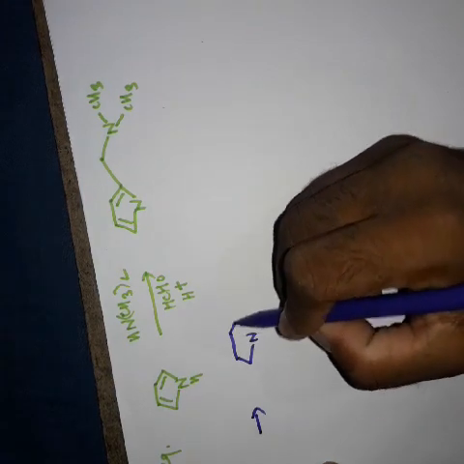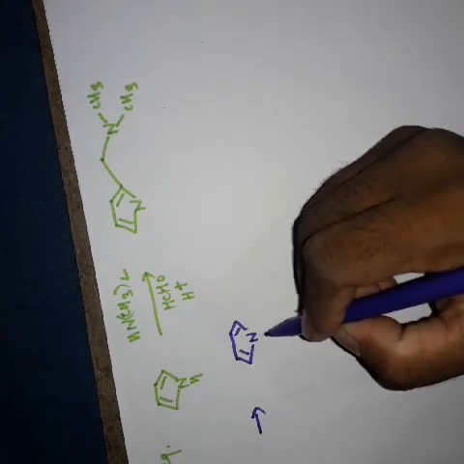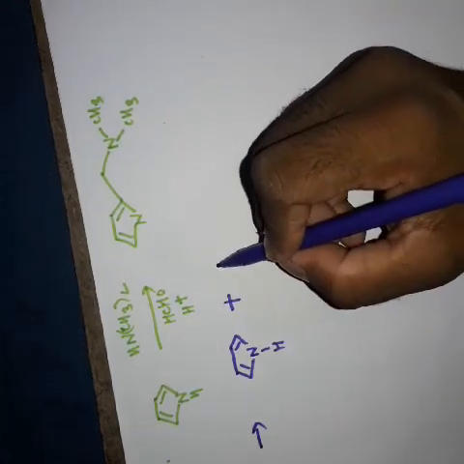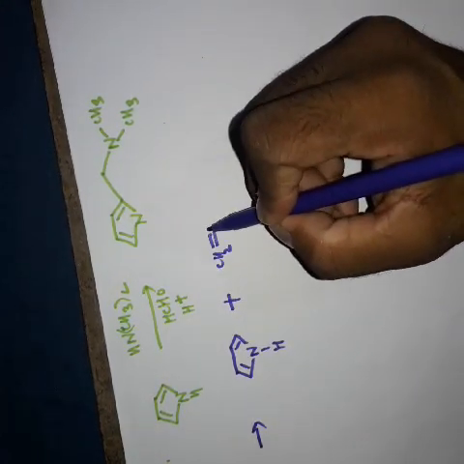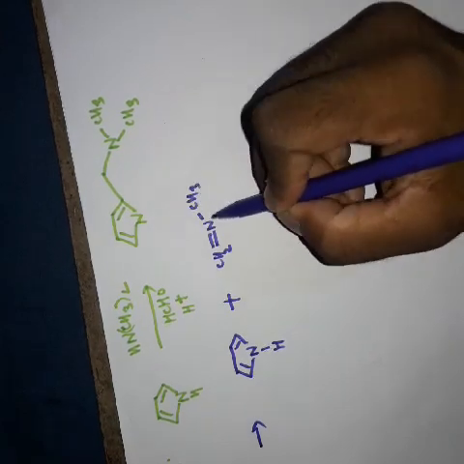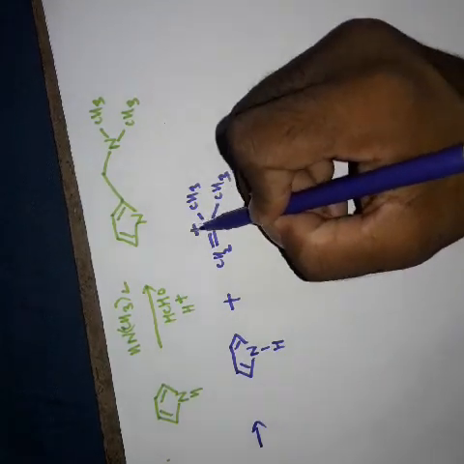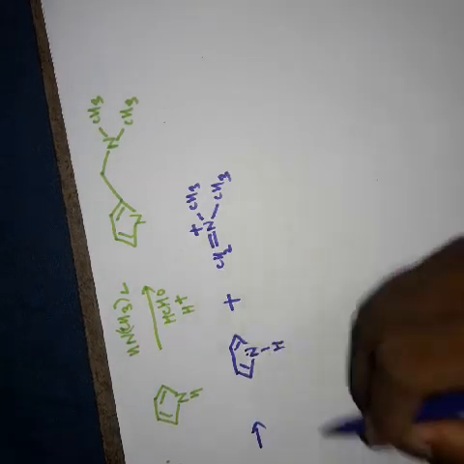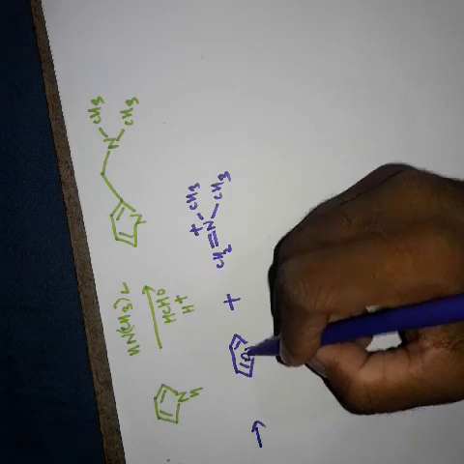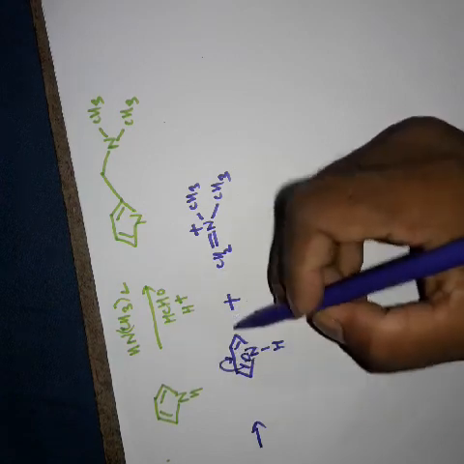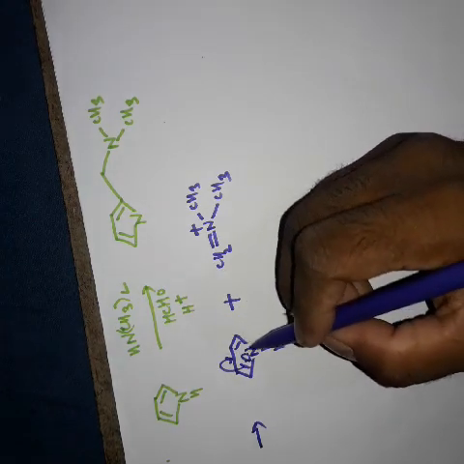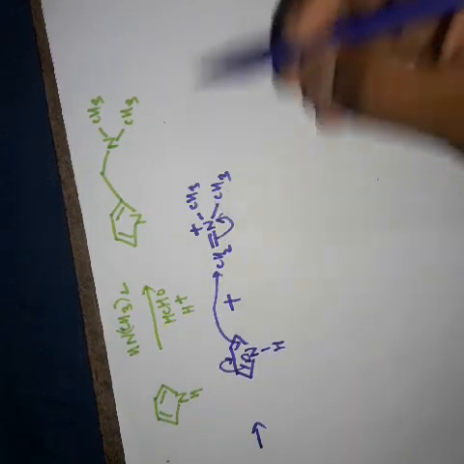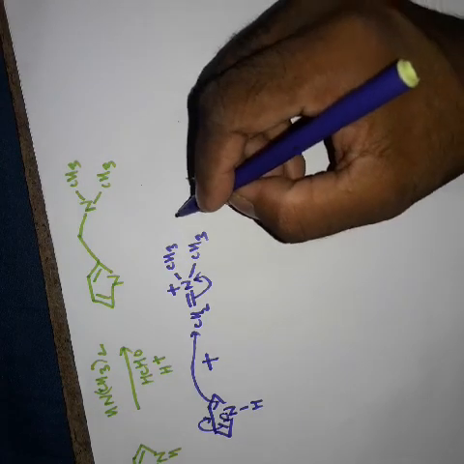I'm not forming the iminium salt because we know how to form the iminium salt. Now since we have this pyrrole molecule, the nitrogen containing a lone pair will undergo conjugation. Because of such a conjugation, this can attack like this and this will go up to neutralize the positive charge.